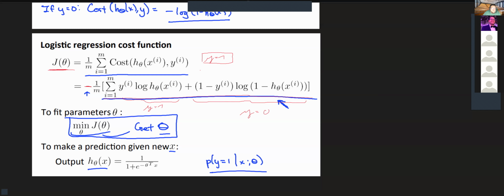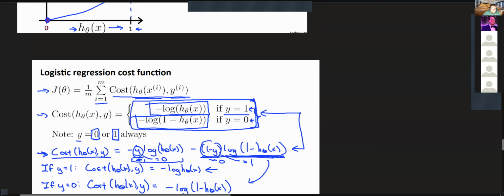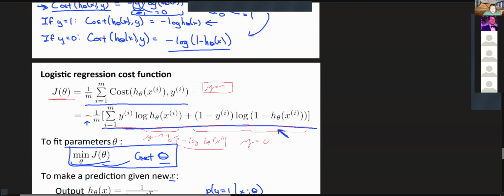Now, if y is 1, then this cost function boils down to exactly the sum. Of course, we have to do this for all training examples, but this boils down to minus log h of theta x i, and the sum. I can put the minus back in here, and it's exactly the same as here. This boils down because if y is 1, this here becomes 0, because it's 1 minus 1. So this is completely gone.